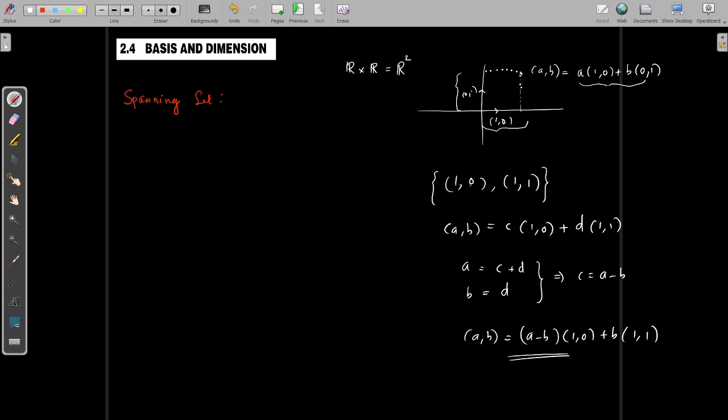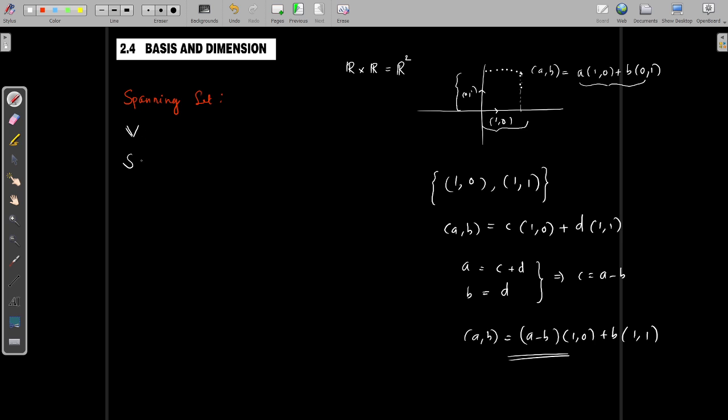This set has a property that any arbitrary vector of R2 can be expressed as a linear combination of (1, 0) and (0, 1). So now we define a spanning set. Let V be a vector space.